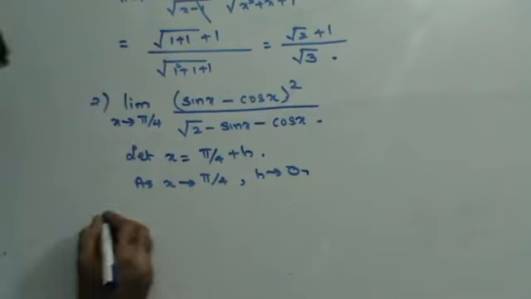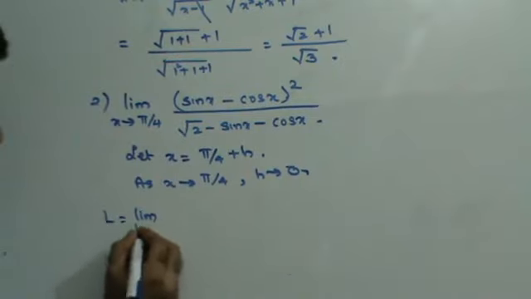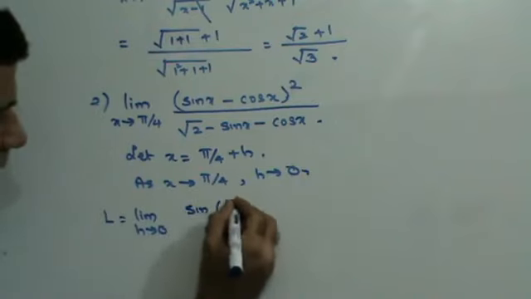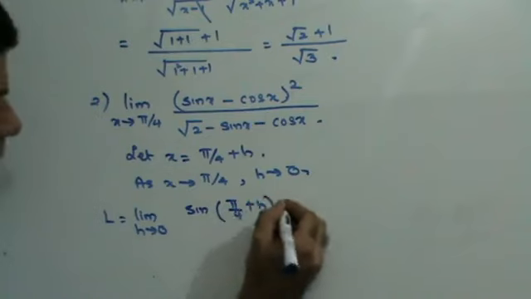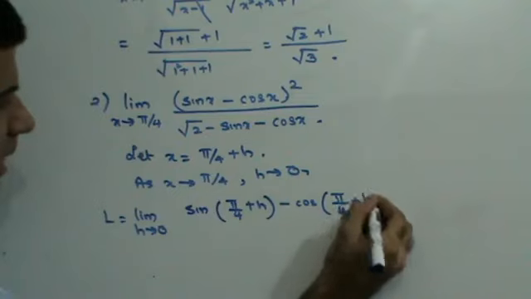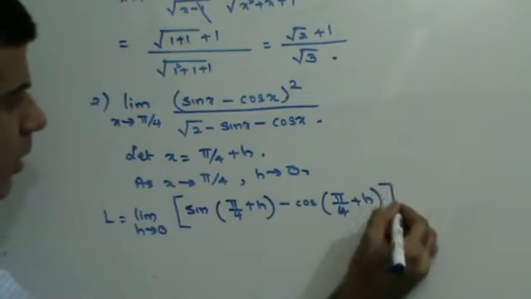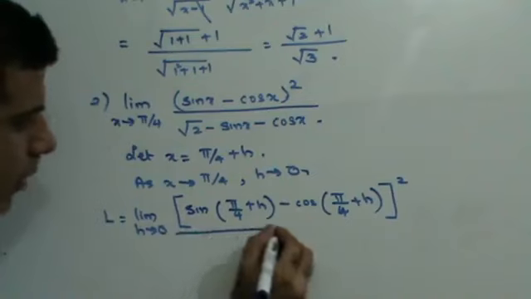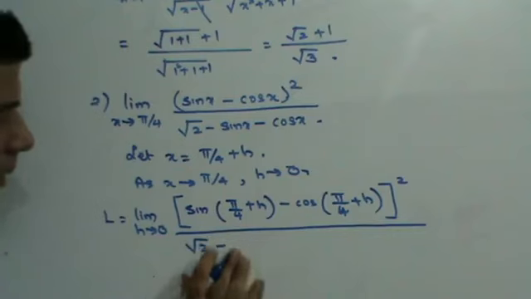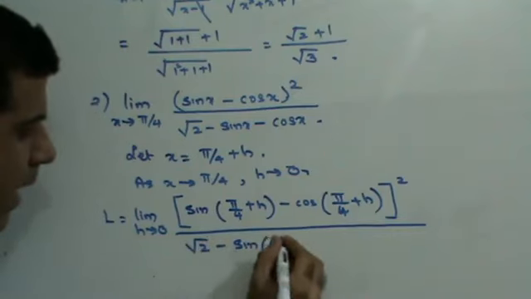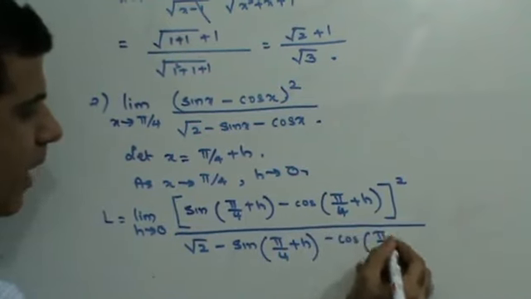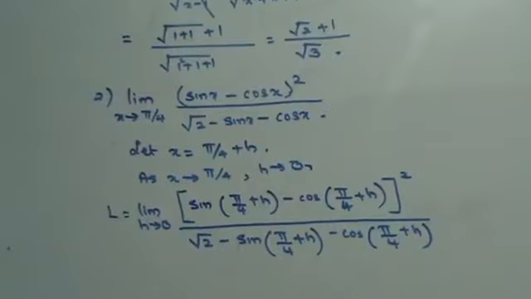Now this can be written as L is equal to limit of h tends to 0. This is sin x can be written as sin pi by 4 plus h minus cos pi by 4 plus h, the whole square upon root 2 minus sin pi by 4 plus h minus cos pi by 4 plus h. Right?